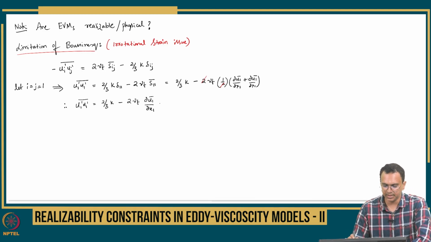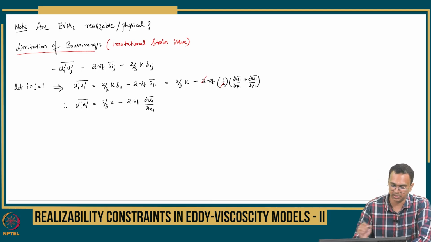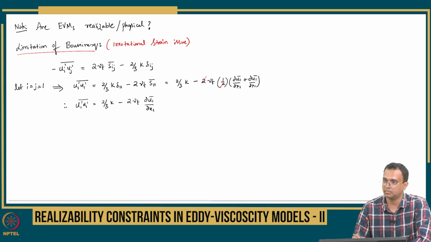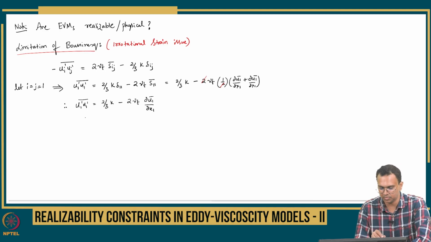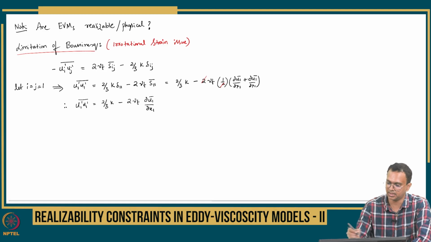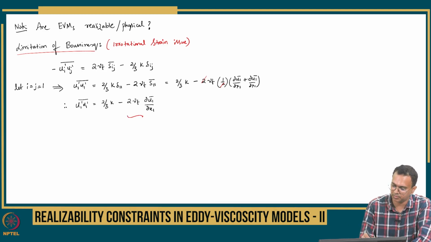Now, is there a chance that this particular Reynolds stress goes negative? There is a chance here, right? It must always stay positive, then only it is realizable or physical. Now according to Boussinesq, there is a chance u1 prime squared average can become negative. And when does that happen? When this particular value takes a large value.